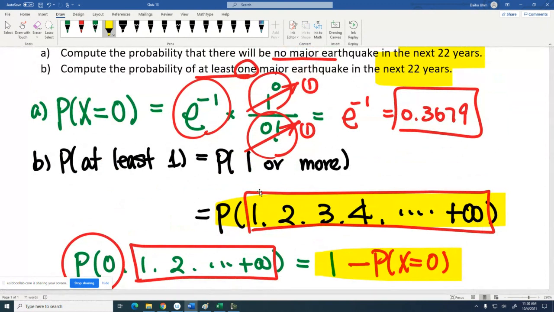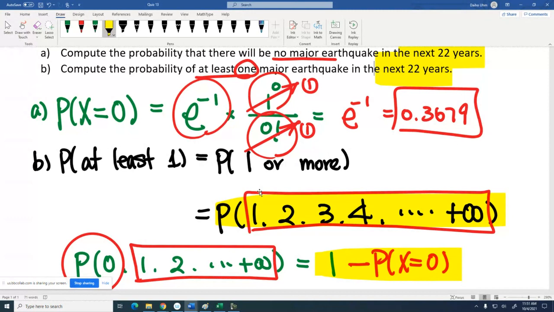How much was the probability only at 0? In part A, already we got 0.3679. So how much will be the subtraction from 1? 0.6321. Thank you. That will be the probability at least 1 or more.